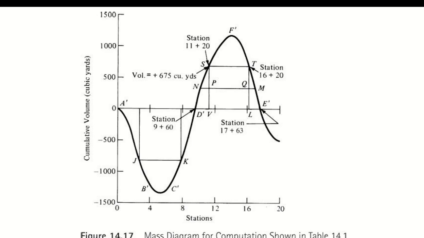At 500, or 5 stations, which is between J and K. There is a portion at 5 stations at which the curve at both ends is at the same level. So between J and K, the distance is 5 stations and the ordinates are at the same level. So this can be a balanced line.